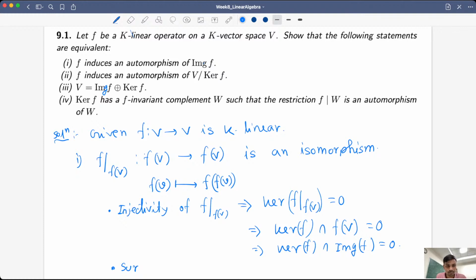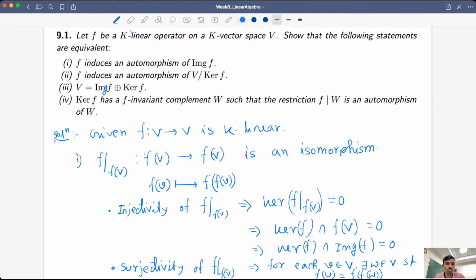So that's what surjectivity of f restricted to f of V implies: for each v belongs to V, there exists w belongs to V such that f of v, which is an element of image of f, will be equal to f of w, right? That is just the meaning of this surjectivity, right?